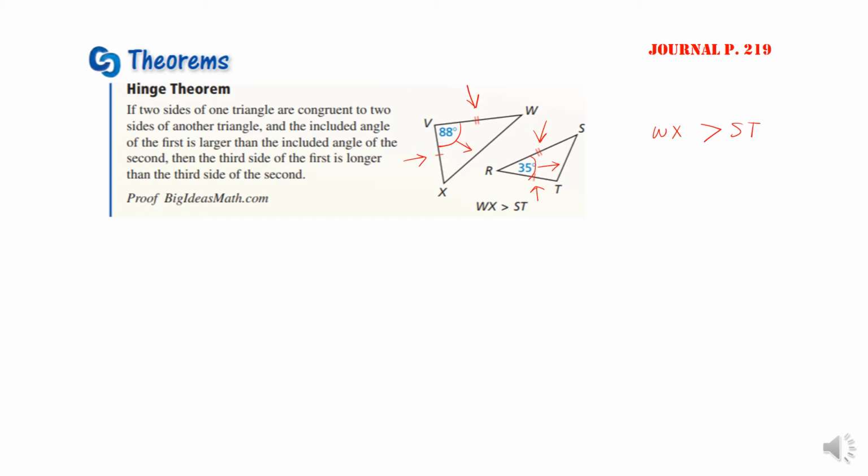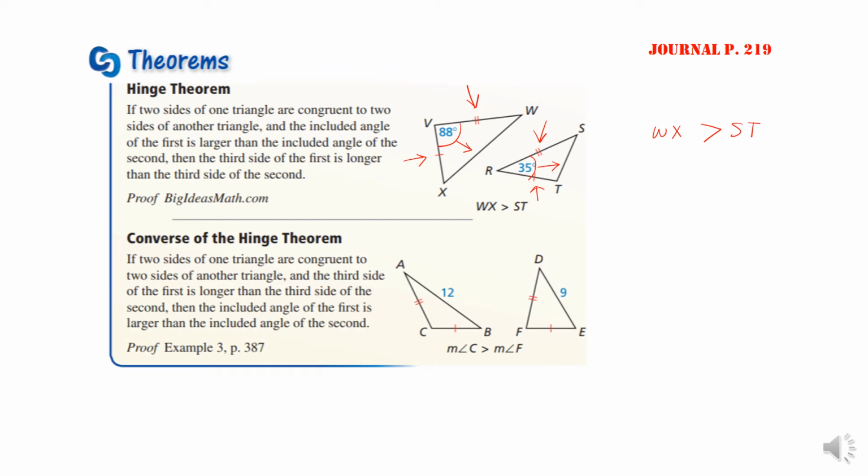Okay? Now, the converse of the hinge theorem is that if two sides of one triangle are congruent to two sides of another, so you still have to have the two congruent sides, very important, and the third side of the first, so not the included sides, not the congruent sides, but the other side, is longer than the third side of the second, then the included angle, we'll go back to the angle now, of the first is larger.